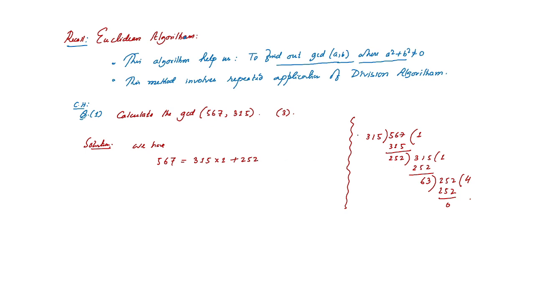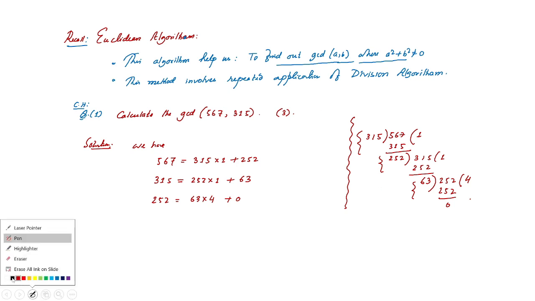Then 315 equals 252 multiplied by 1 plus 63. Next, 252 is basically 63 multiplied by 4 plus 0. So here the last non-zero remainder will be the GCD.